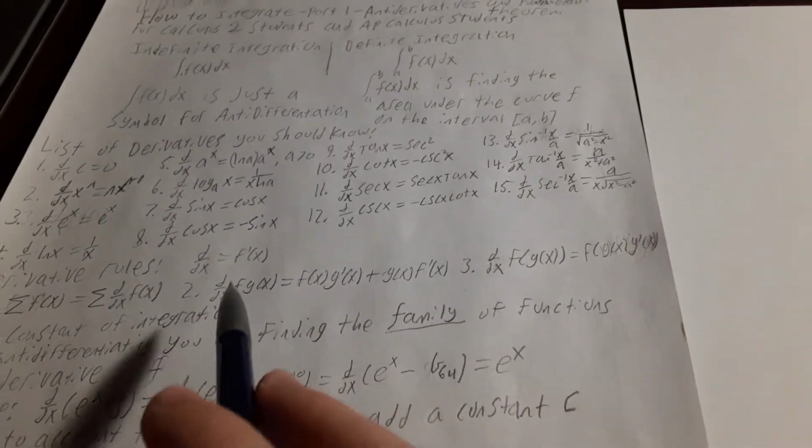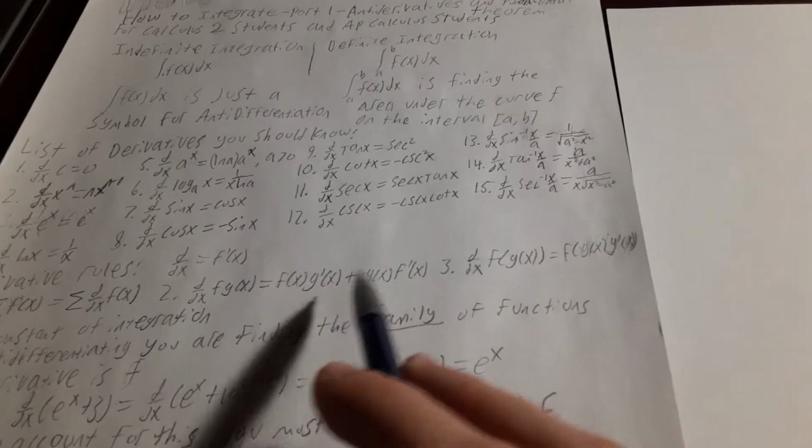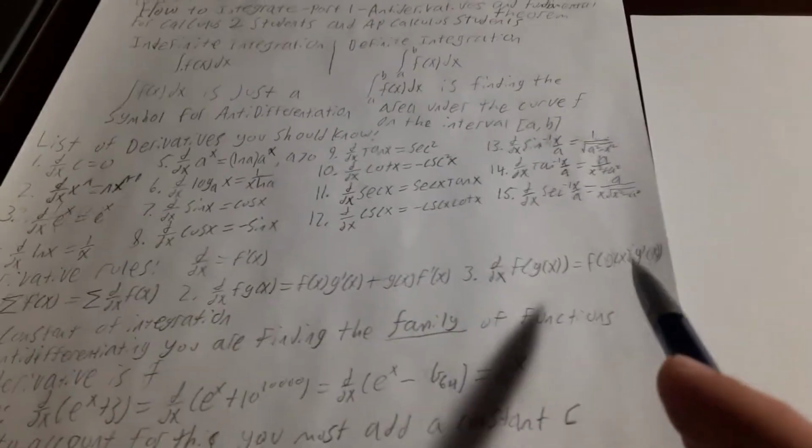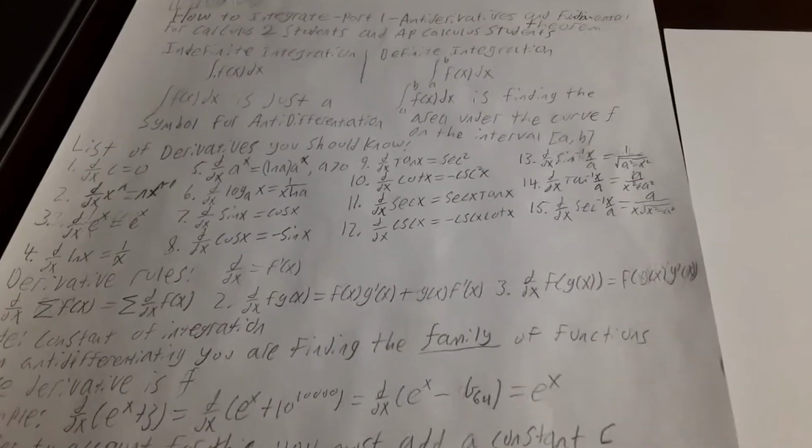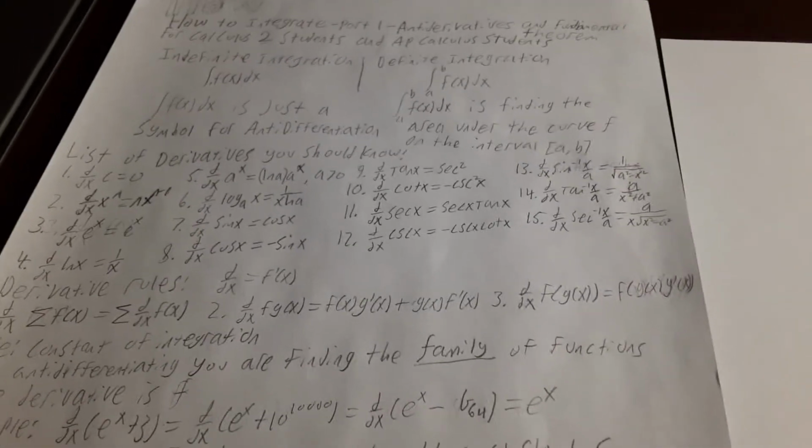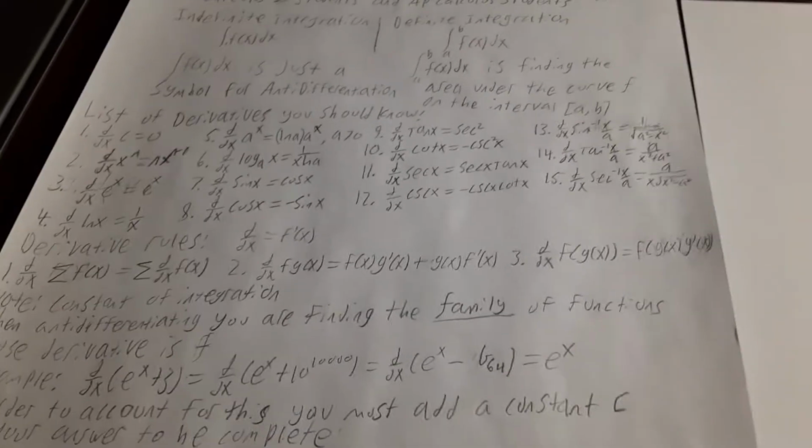We also, of course, need to know the product rule, left d right plus right d left, and the chain rule, which is very important for next video when we talk about u substitution. But for now, we're just talking about antidifferentiation, and it won't be as important, but we will have an example that uses that.